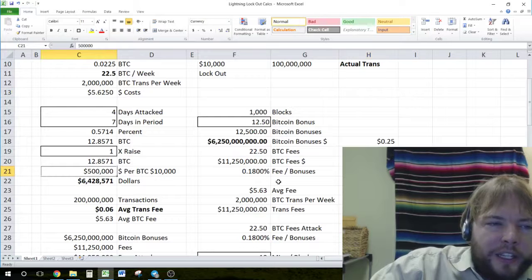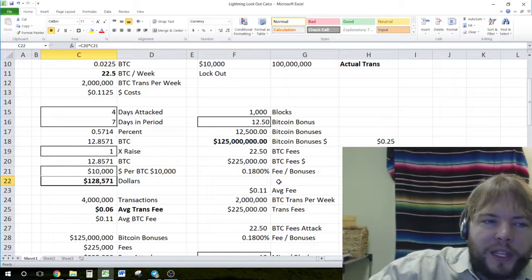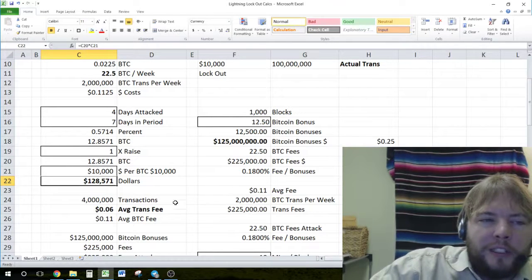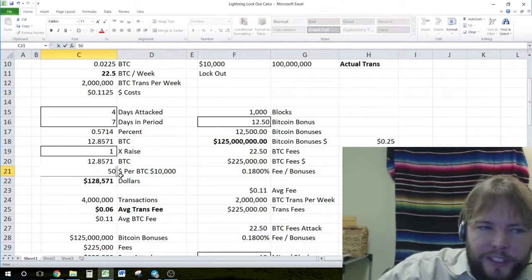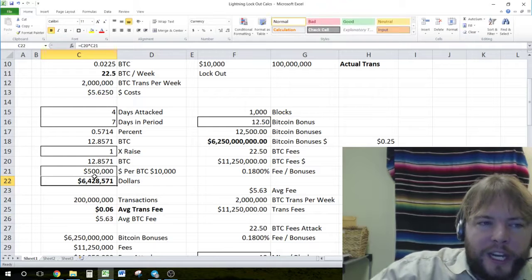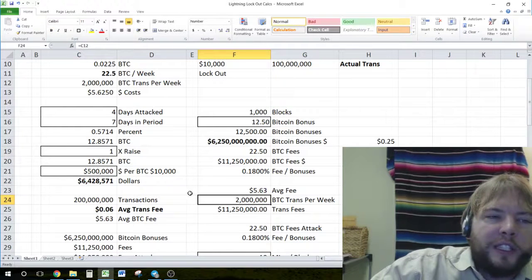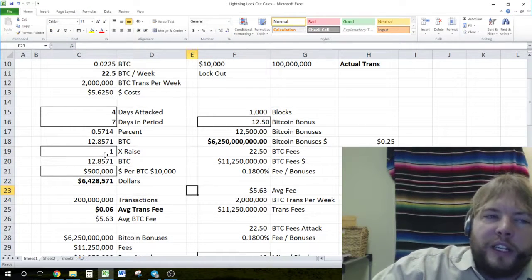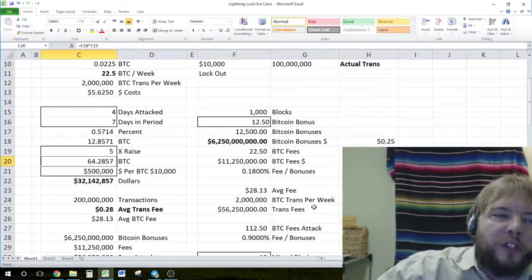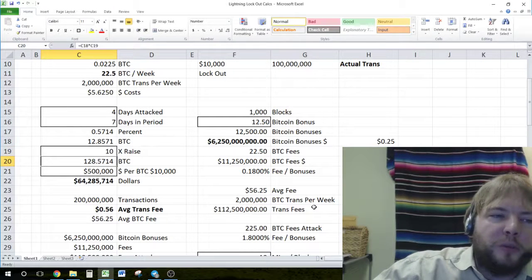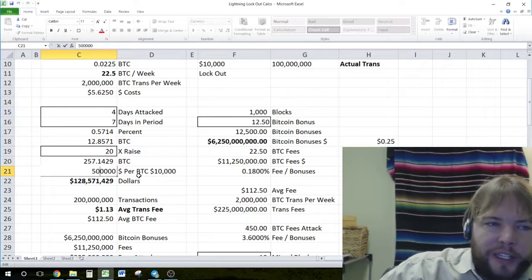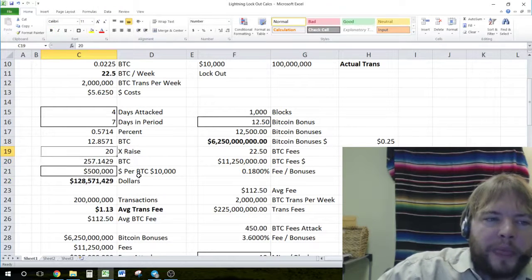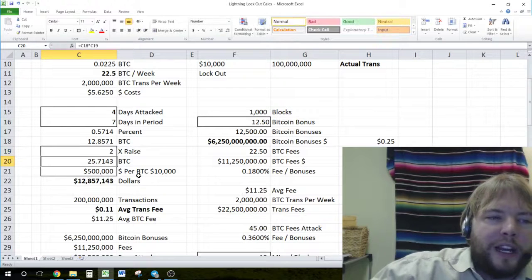Now, another advantage of doing it that way is that if you don't rely on the Bitcoin network to send every single transaction, and instead you use the batching system, then if someone's terrorizing the Bitcoin network, it's so much more expensive for them to do so. So let's just say the Bitcoin is $500,000 again, and let's say they want to make the fees go 10 times more than they were.